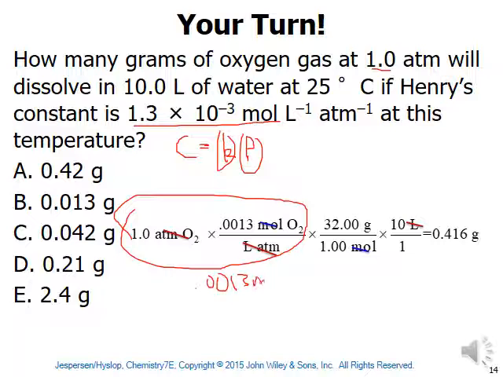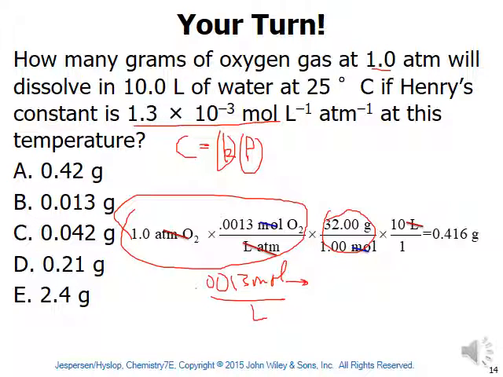This does it all in one step, but I'm going to talk about just 2 steps individually. So at 25 degrees, the amount of oxygen that would dissolve is 0.0013 moles per liter.